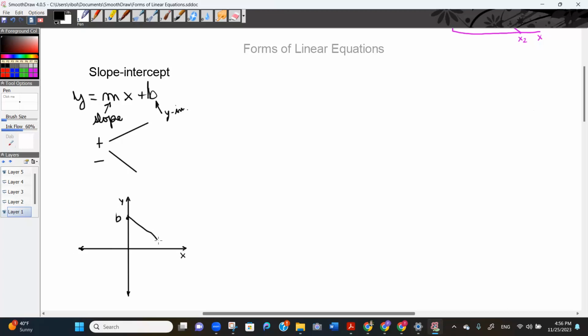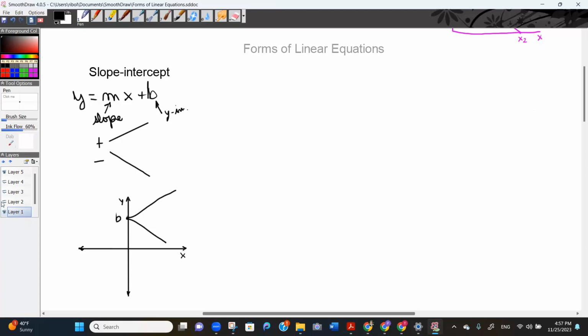And so we can actually see the slope is negative here, and the line goes down or up from the point b of the intercept. So that is the slope-intercept formula.